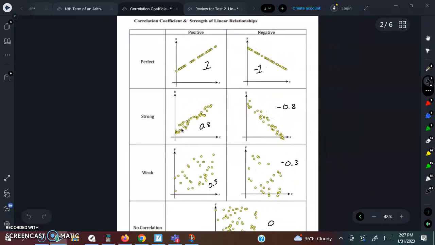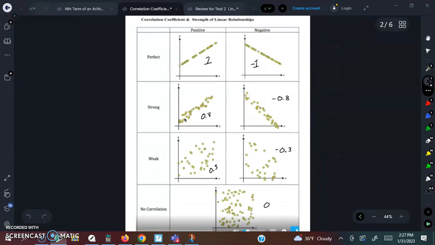Alright, so this will give you an idea, just a little cheat sheet, so you can see that if it's positive, it's going up. If it's negative, it's going down. And if it's perfect, right in line, then your correlation coefficient number is 1. If it's going up and it's almost perfect, then it's strong. And if it's not perfect at all, then it's weak. Okay?